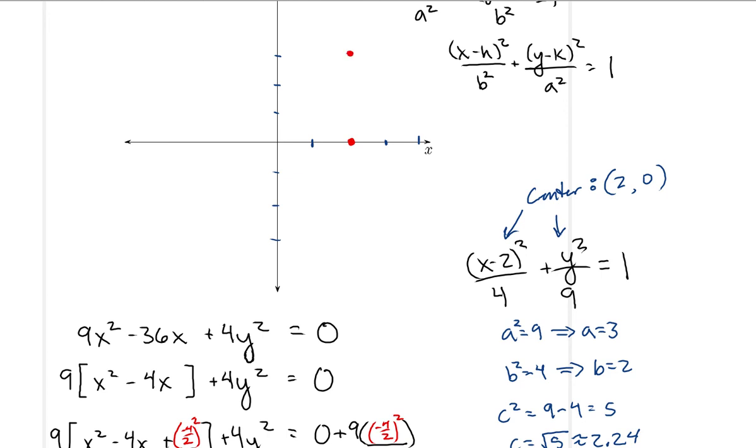So these are the vertices of the ellipse. Then my b, oops, that's off a little bit, isn't it? Then my b is 2 off center, but in the horizontal direction. And then my foci are 2.24 off center in the same direction that the vertices went. So 2.24 puts me about there, and about there. And so now I can sketch this. Not too much trouble.